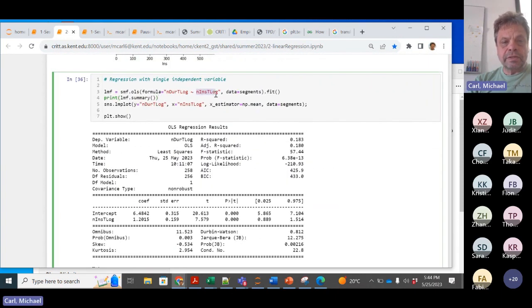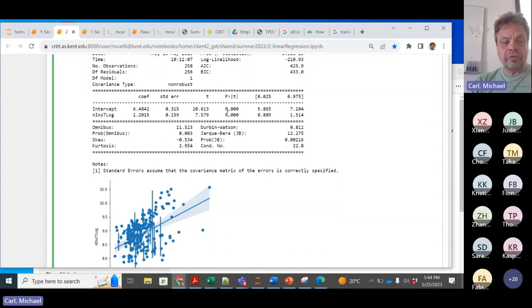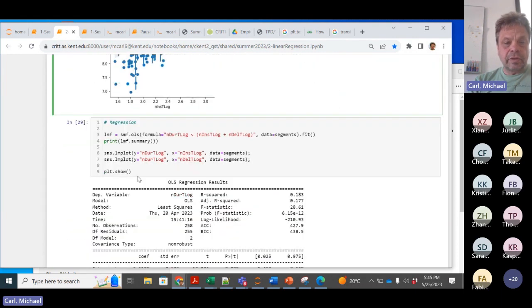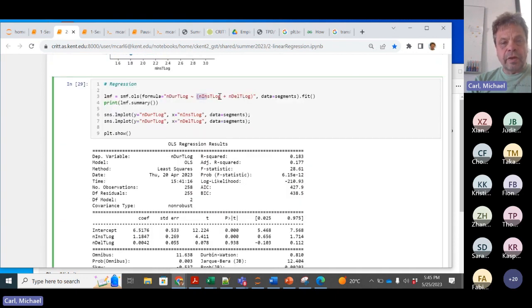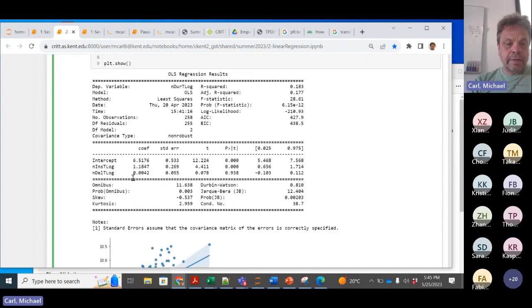We can use this normalized and log transformed features, and we get some similar things. Or we can have a couple of different independent variables here. We can see what is the impact if we take these two variables, namely the deletions and the insertions, and look at the impact on the duration. And here we can see that if we add this variable, it does not have an additional impact on the duration.